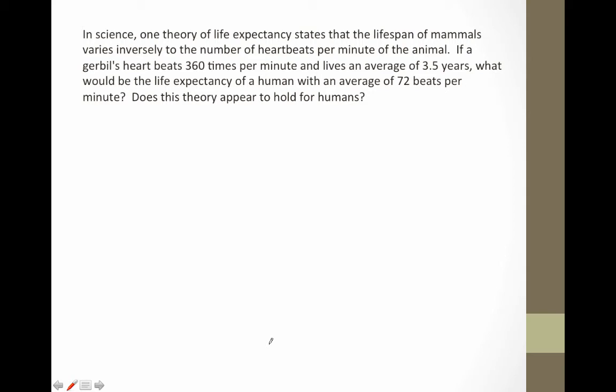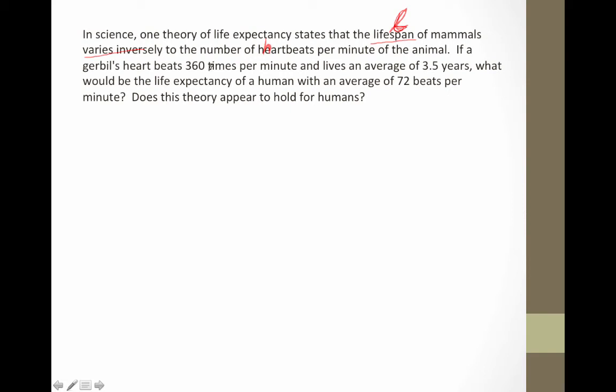In science, one theory of life expectancy states that the lifespan of mammals varies inversely. So lifespan, we'll say L, maybe little l, since we've been using capital L for length, of mammals varies inversely to the number of heartbeats, let's say H, per minute of the animal.